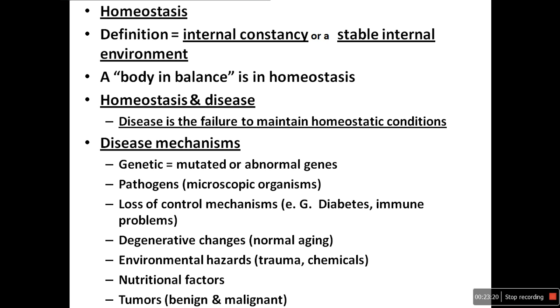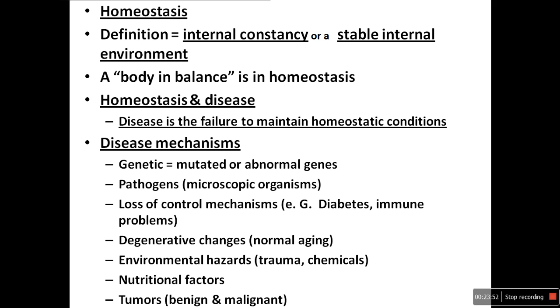When the body is in a state of balance, that is homeostasis.